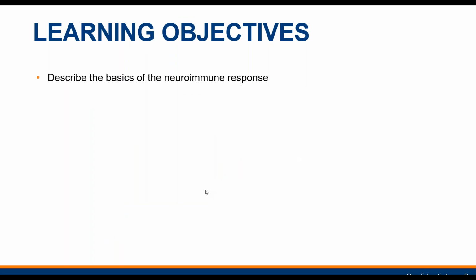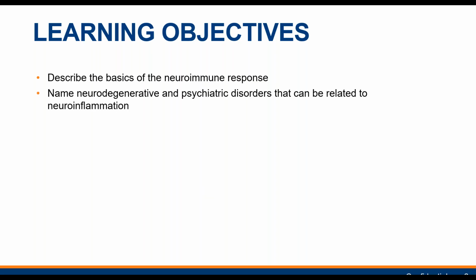So a couple learning objectives to keep in mind just to structure today's talk. First off, we're going to talk about the basics of the neuroimmune response. We're not going into any type of detail. It's just going to be a quick review of the immune response in general in the peripheral nervous system and how it can affect neuroinflammation in the central nervous system.